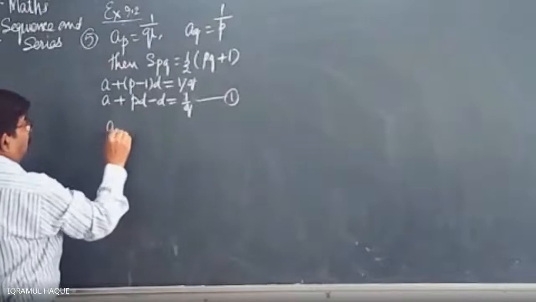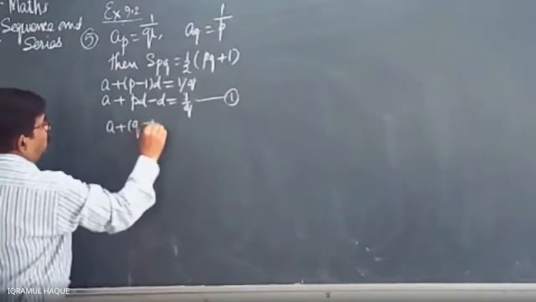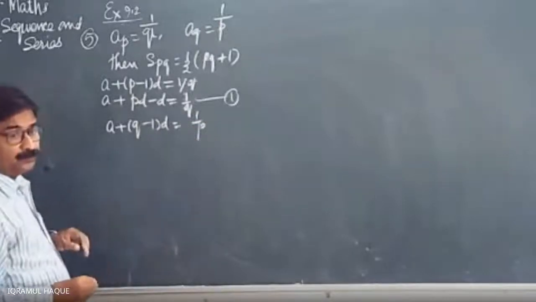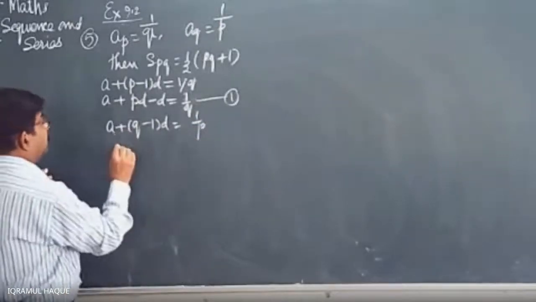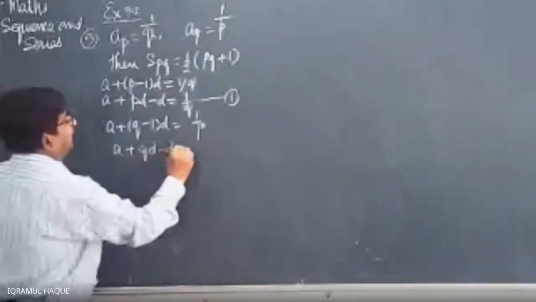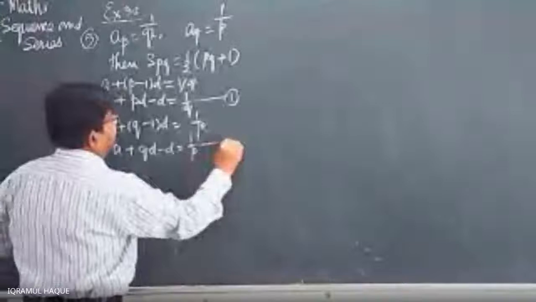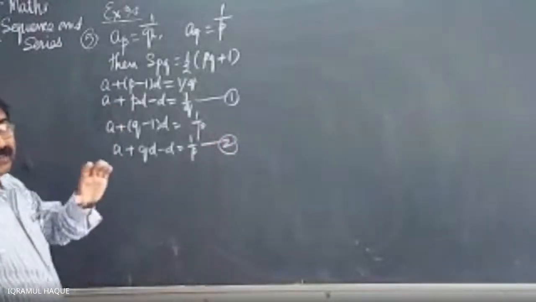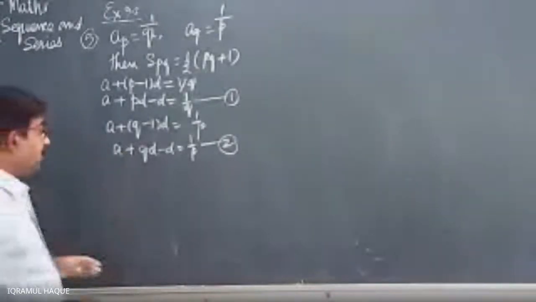And A plus (Q minus 1) into D is equal to 1 upon P, so A plus QD minus D is equal to 1 upon P. This is equation number 2. On solving 1 and 2, we can get the value of A and D.